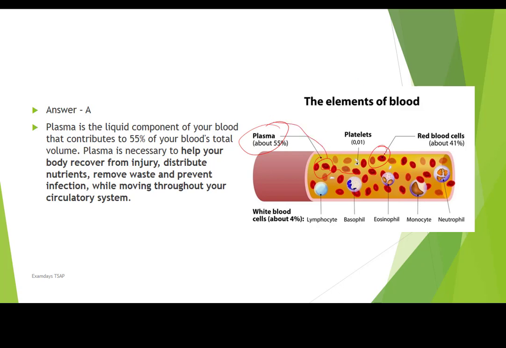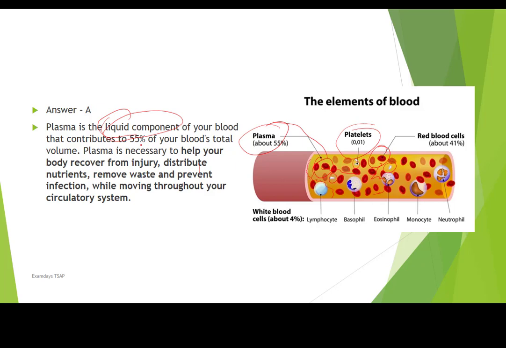These red ones are the blood cells, and these small white areas are called platelets. The liquid in the yellow region is called plasma, which is the liquid component.